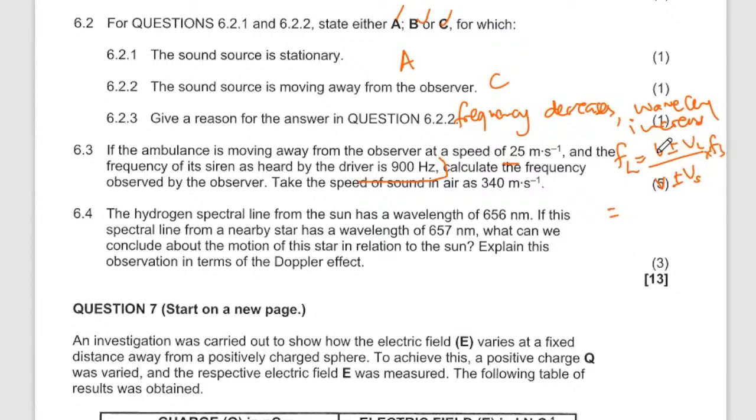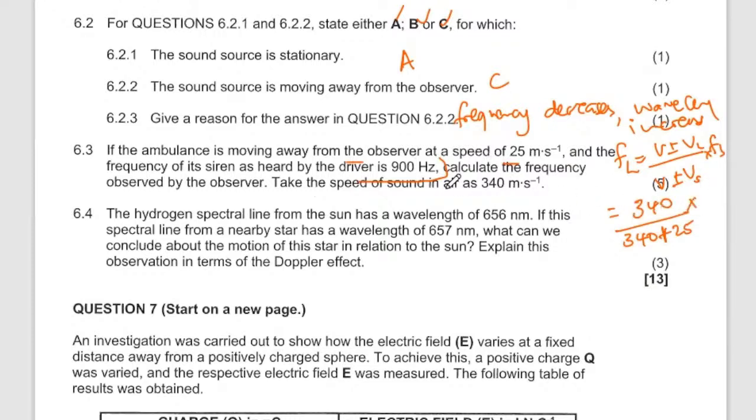Now, since the ambulance is moving away and the listener is stationary, that's 340 over 340 minus, or plus? Because the ambulance is moving away from the observer at this speed, this has to be a plus, so that we have a smaller frequency.